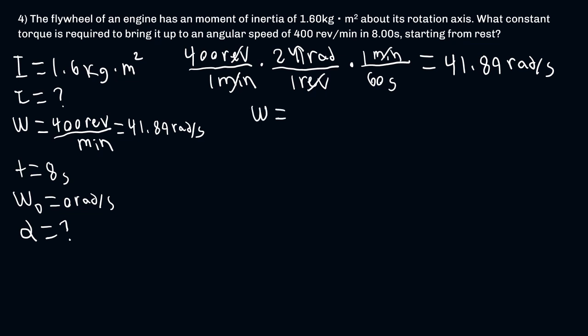Angular velocity, the final angular velocity, is equal to the initial angular velocity plus angular acceleration times time. So let's plug in everything we have here. We have 41.89, and that is radians per second, is equal to 0 radians per second. Oops, let me fix that.